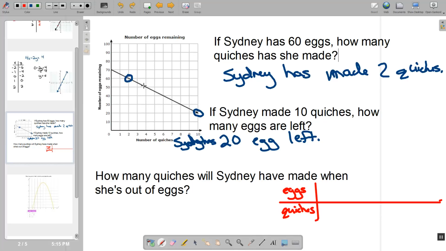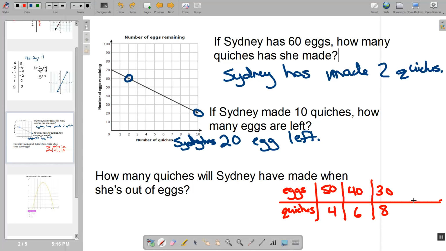So I noticed that 50 eggs is the same, or has made 4 quiches. So then I notice also we have 40 eggs is 6 quiches. So then it looks like 30 eggs is 8.